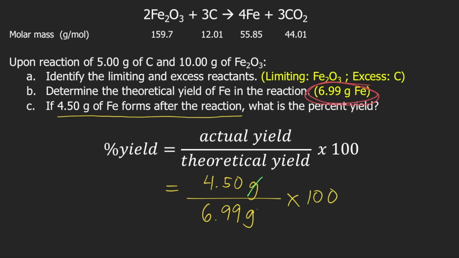So grams will cancel. 4.50 divided by 6.99 times 100 is approximately equal to 64.4. And since this is percent yield, you put percent. So the answer to this item is 64.4%. This is the percent yield of the reaction.